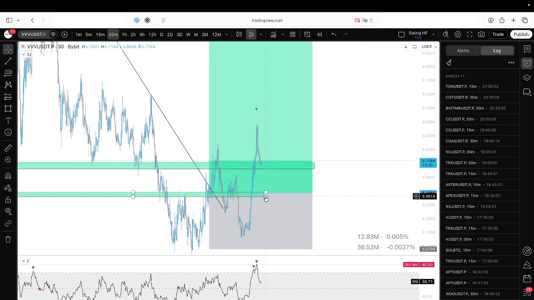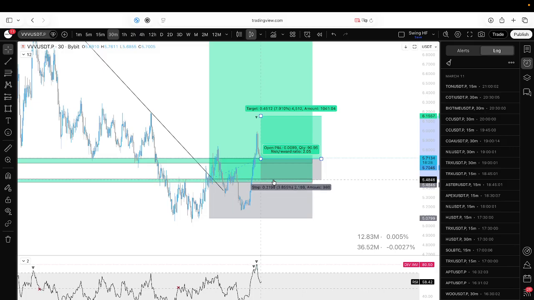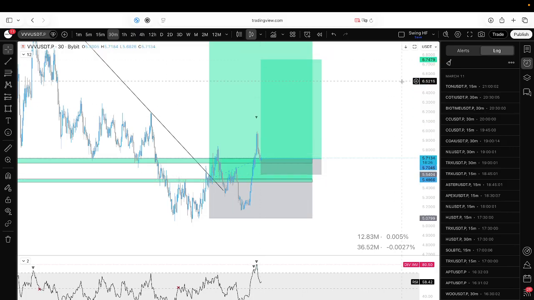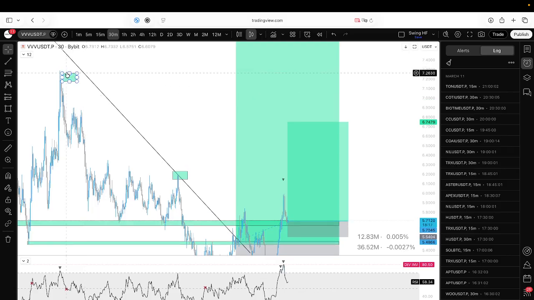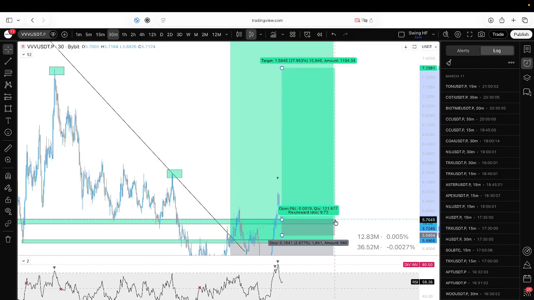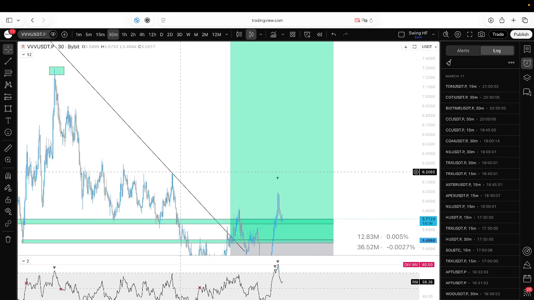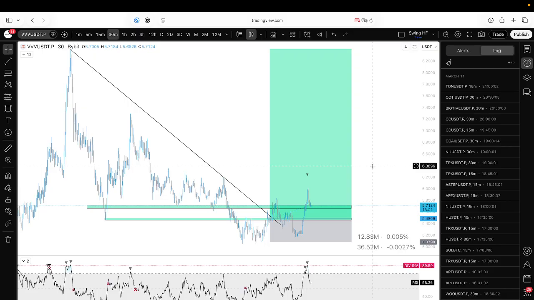So now, if you are not on VVV, you can try to get the continuation setup with a retest of this level, stop loss down here, trying to get at least this level here, and this one here. Boom. With a 9R setup, for example, if you want. Not financial advice, as always, but yeah, could be a continuation setup.